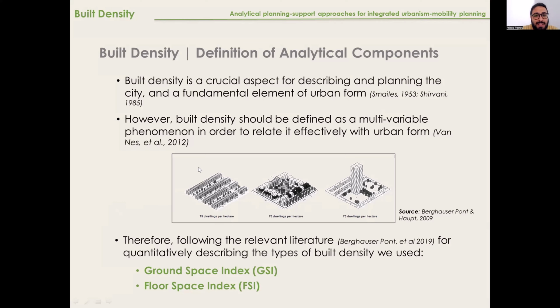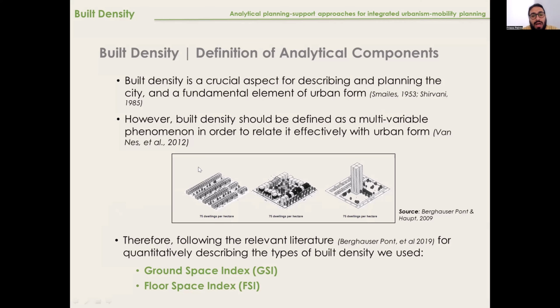Here we have the built density, which is a multivariable phenomenon, and it's not just how many dwellings per hectare we have, but really how the different typologies of buildings and configurations can create different forms.